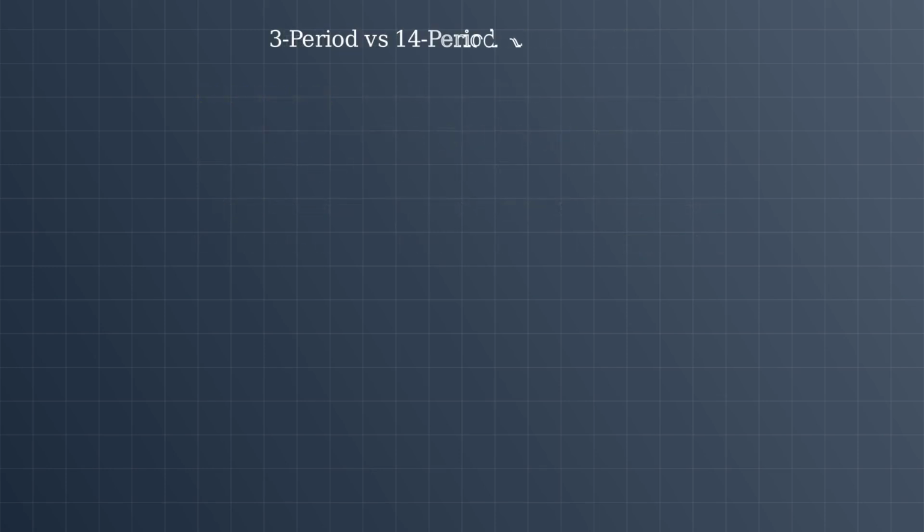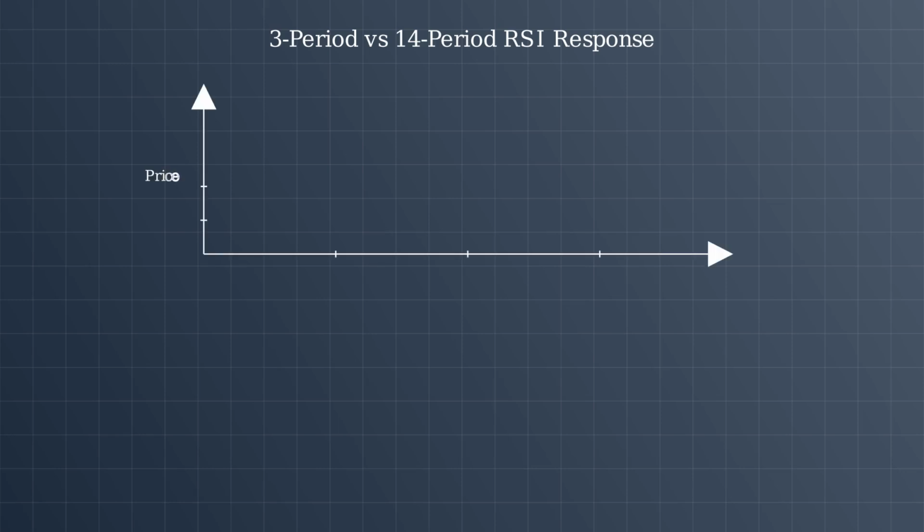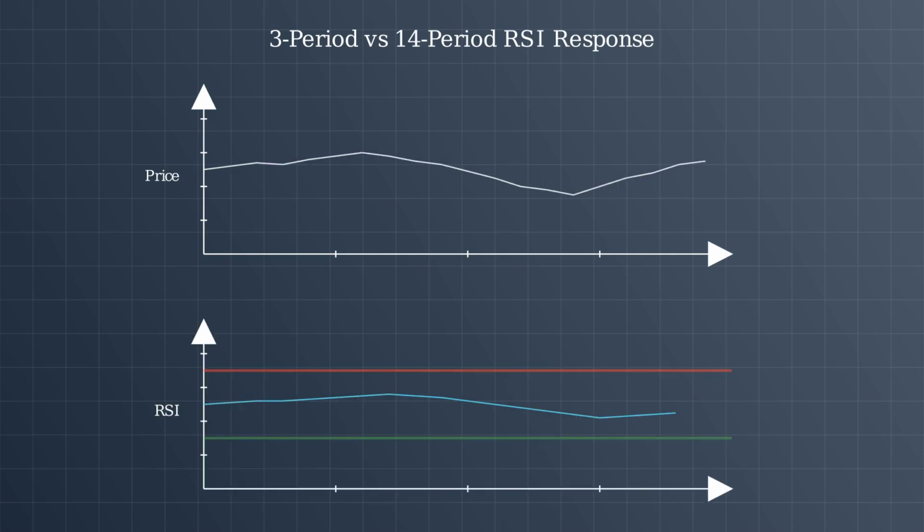Let's visualize how 3-period and 14-period RSI respond differently to the same price movements. Here's a sample price chart showing typical market movements. Below, we can see how the traditional 14-period RSI responds to these price changes with a smooth, gradual movement. In contrast, the 3-period RSI used in Connors RSI is much more responsive, quickly reaching overbought and oversold levels.